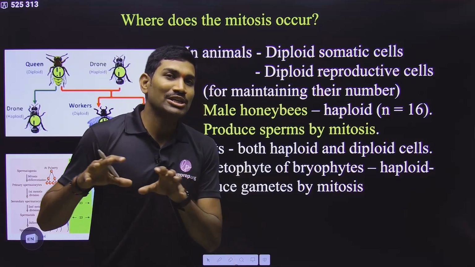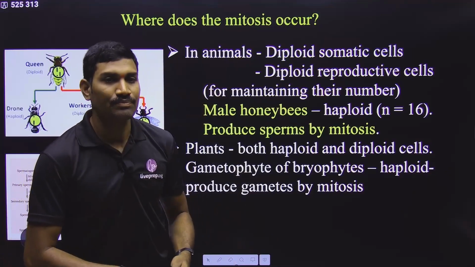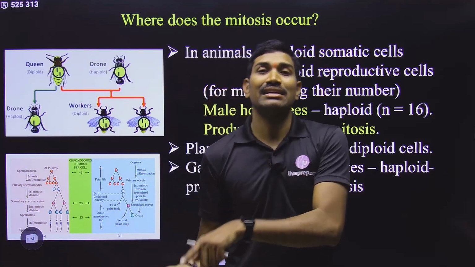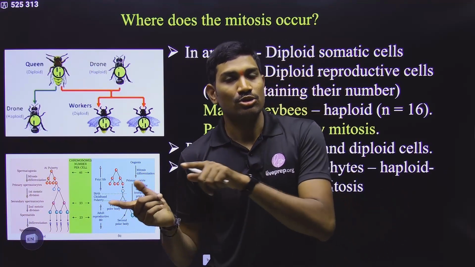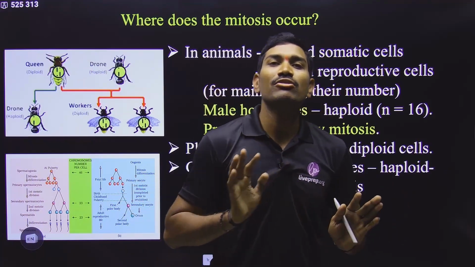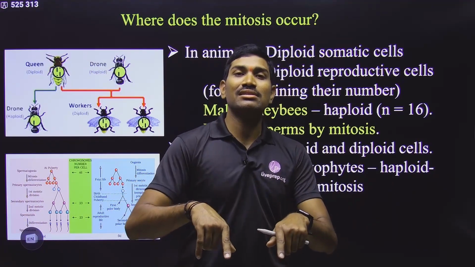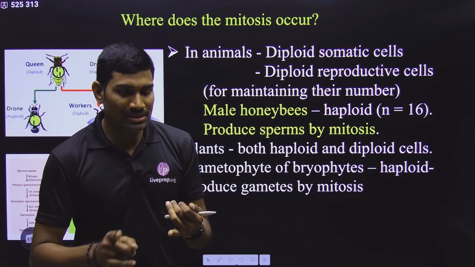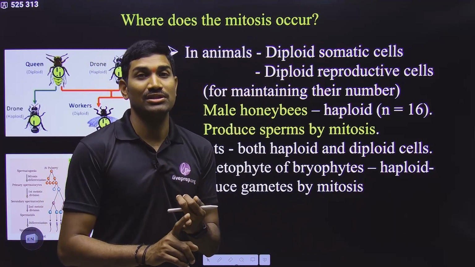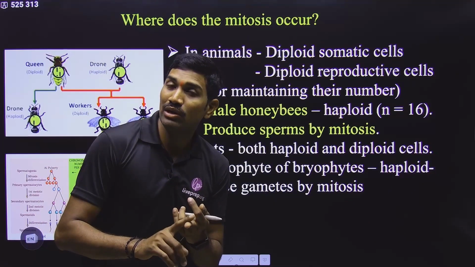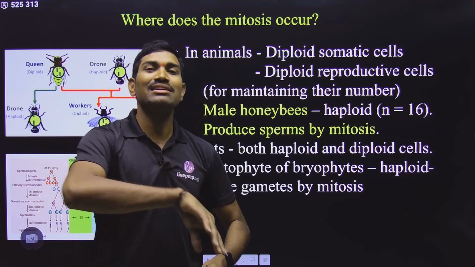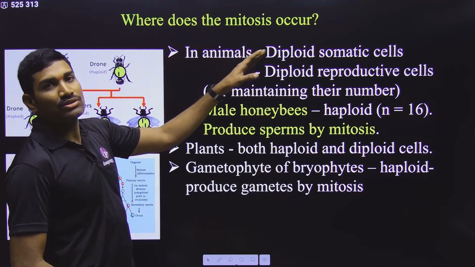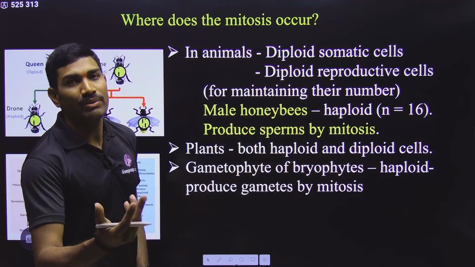Because somatic cells divide by mitosis. But reproductive cells undergo both mitosis and meiosis, while somatic cells divide only by mitosis. So that is the relation, and that is why mitosis is called somatic cell division.